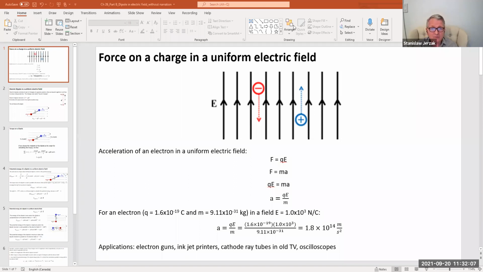So here we imagine a very, very large positive plate of charge, which produces a uniform electric field. The magnitude of that field depends only on the surface charge density.